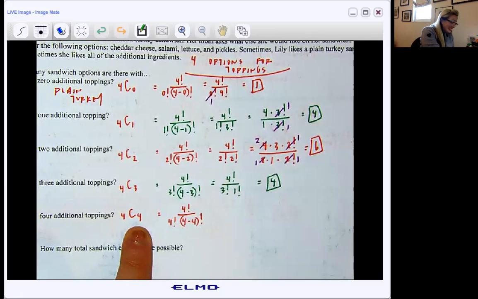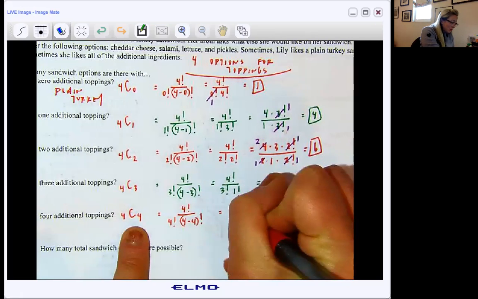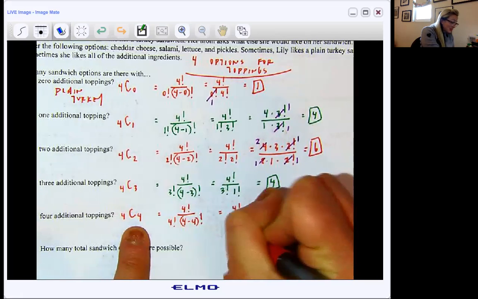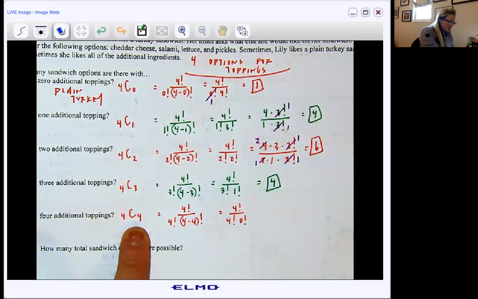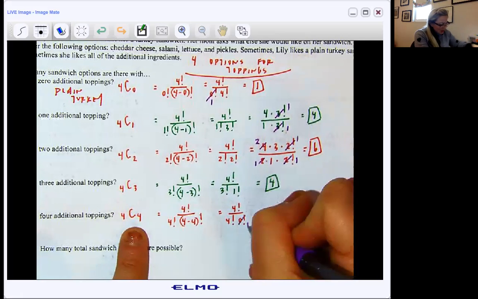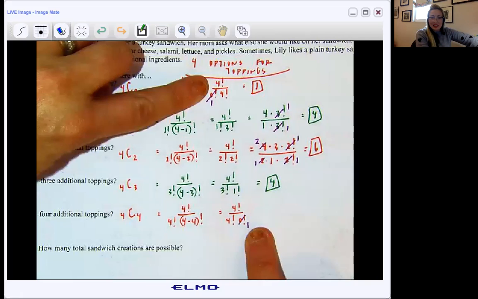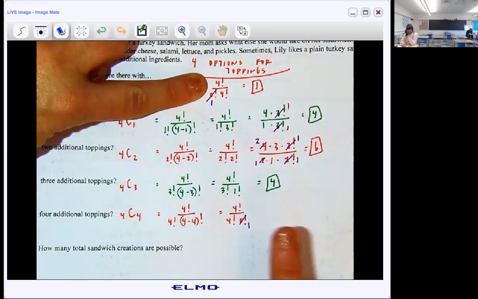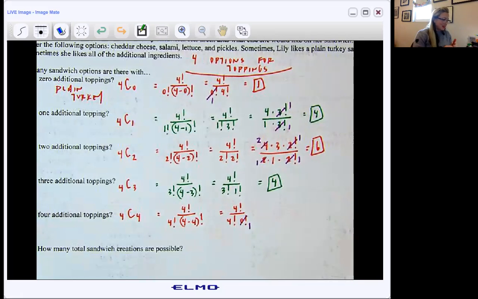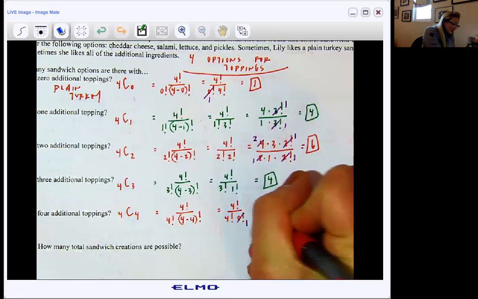So I see 4 factorial over 4 factorial times 0 factorial, which is again just 1 right there. And I see, oh, it's the same exact calculation that I saw up here. So we end up getting 1 right here.